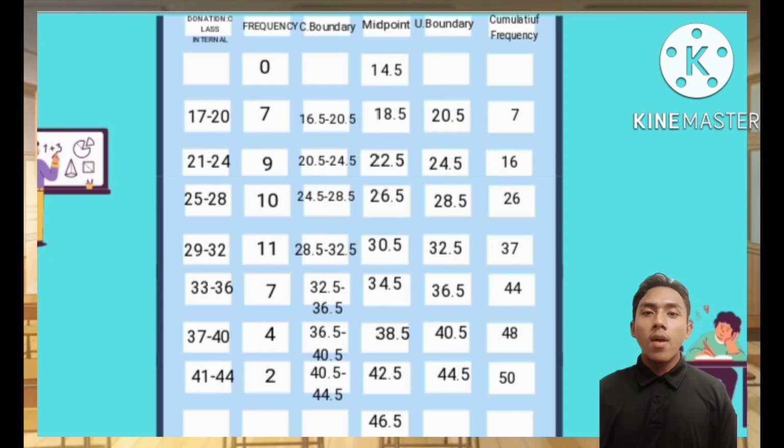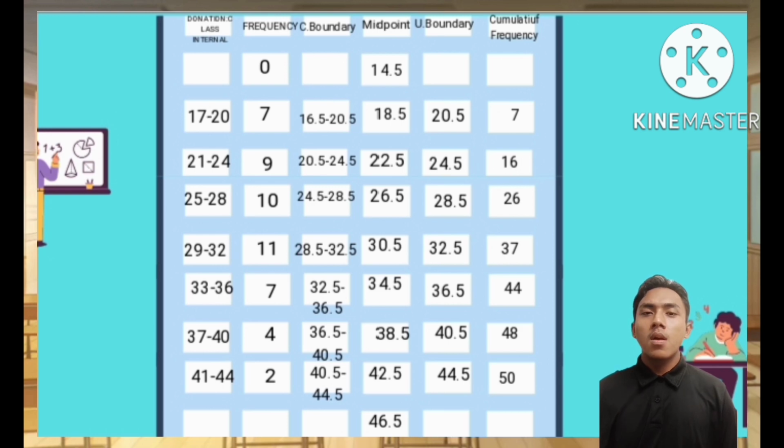The next way to find the upper boundary is to just take the number on the right of the class interval and add 0.5, the same as the class boundary.